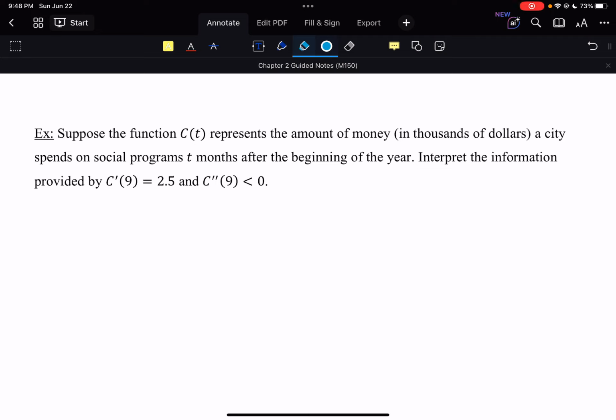Okay. First up, the 9. That is a t value. T represents time, represents months. Okay, so we're talking about 9 months. So we can say after 9 months, which if you're thinking in terms of what month that is, that would be in September.